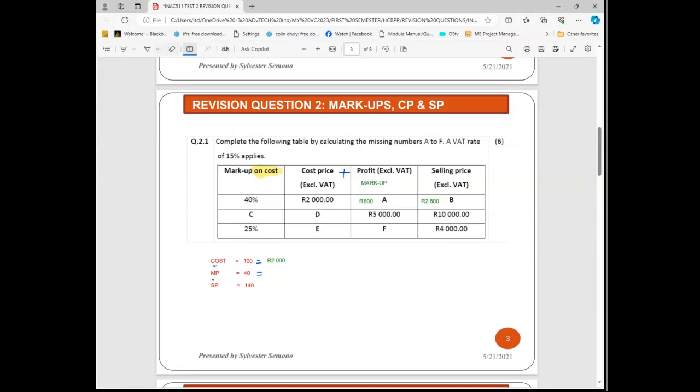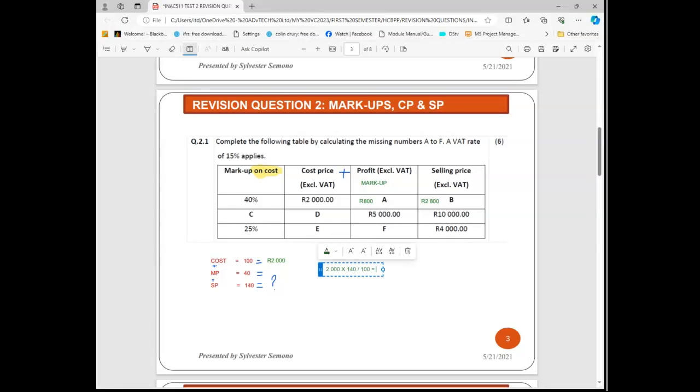The question mark will go to selling price. So I'll come here and put the question mark. Can you see now? So how will the calculation look now? It will be 2000 times 140 over 100.